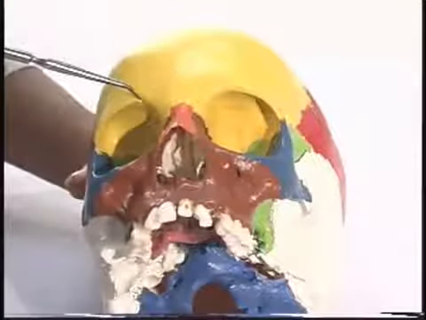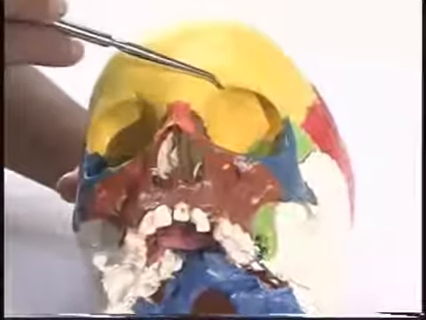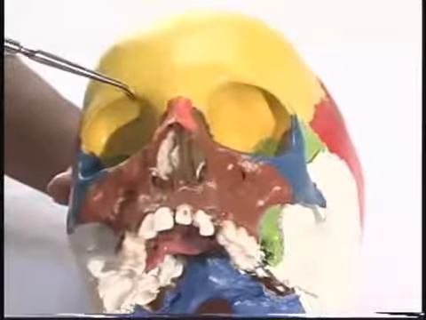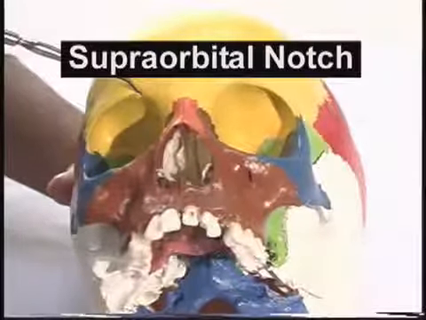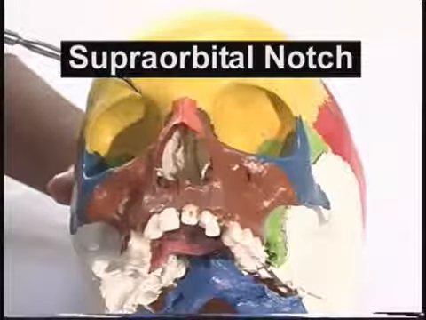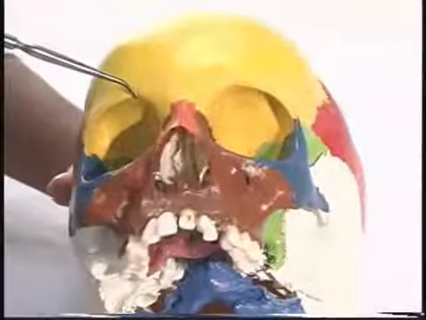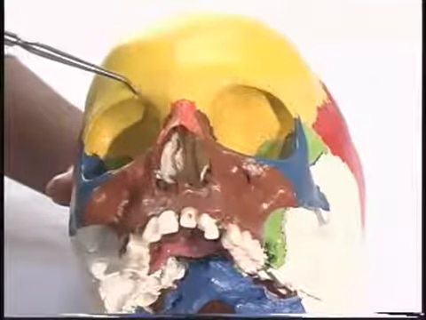There is a small opening on the superior border of the orbit called the supraorbital notch. The supraorbital nerve travels through this opening.